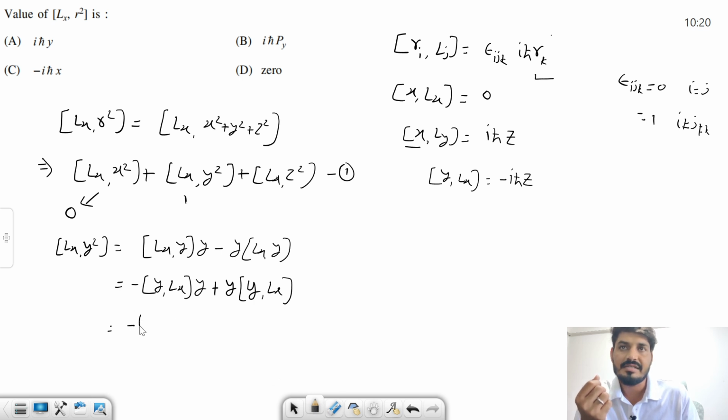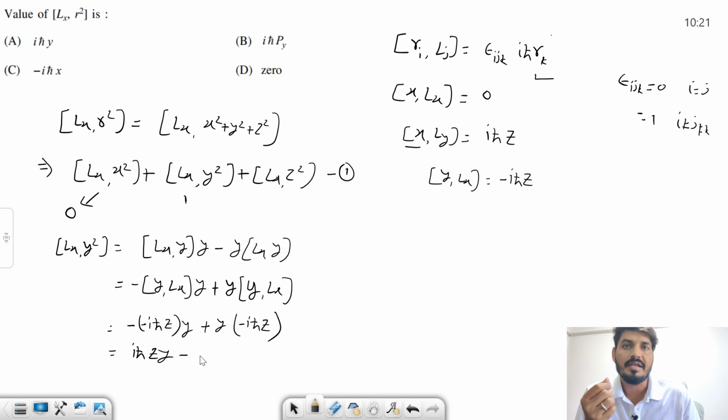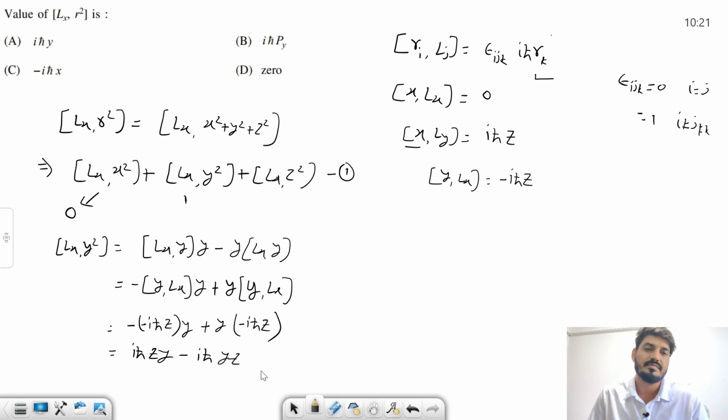Minus sign as it is, this is iota h cut z y plus this y as it is, and that is also minus iota h cut z. So this term is nothing but, this is minus sign here and minus sign, so this is plus, this is iota h cut zy minus iota h cut yz. Fine.